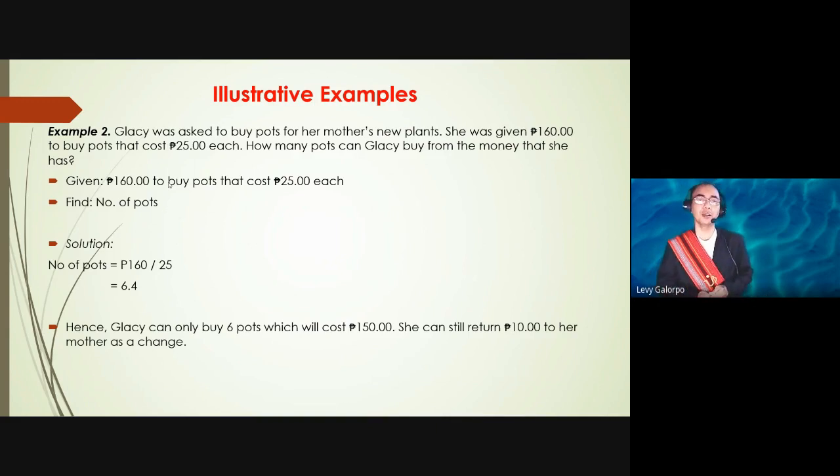So, therefore, sa 160 pesos, meron tayong mabibili na 6 na pots, which will cost 150 pesos. So, then, she can still return 10 pesos to her mother as a change. May sukli pa. Hindi kasi natin pwede sabihin na 7 ang mabibili niya kasi kukulangin na. Therefore, 6 lang pero may sukli siya.